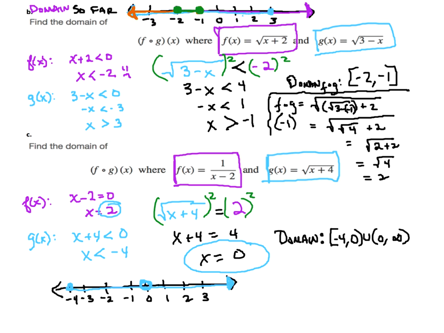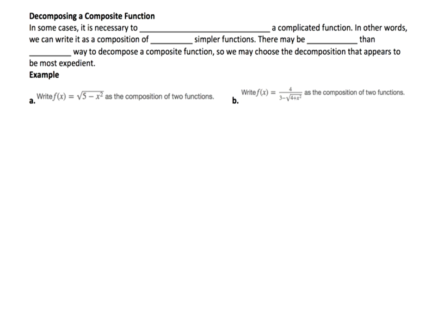There we go. Last page. Decomposing a function. So this is doing exactly the opposite of what we've been doing. We've been plugging one function into another to create a new function, a composed function.